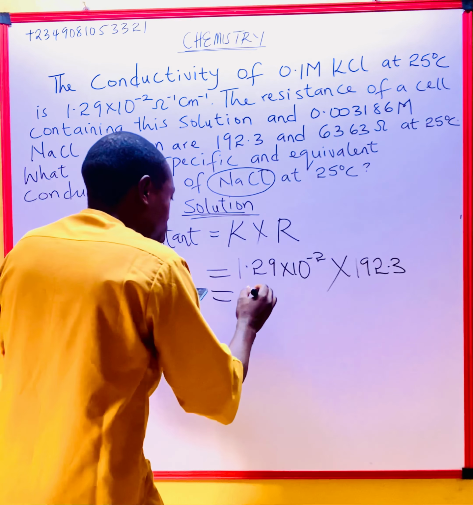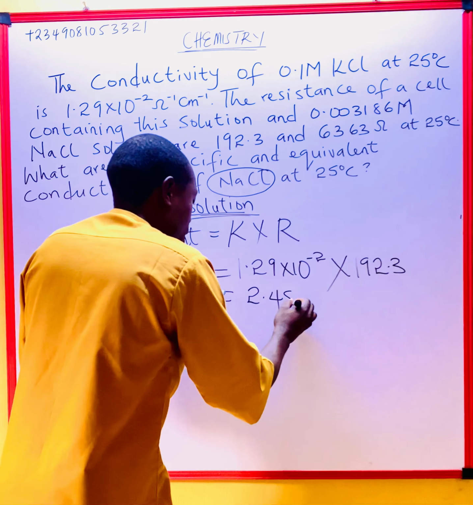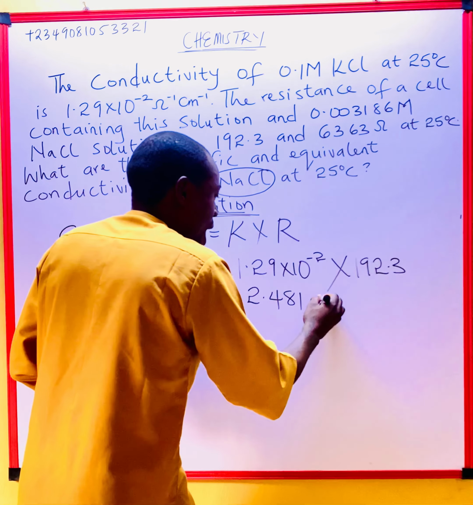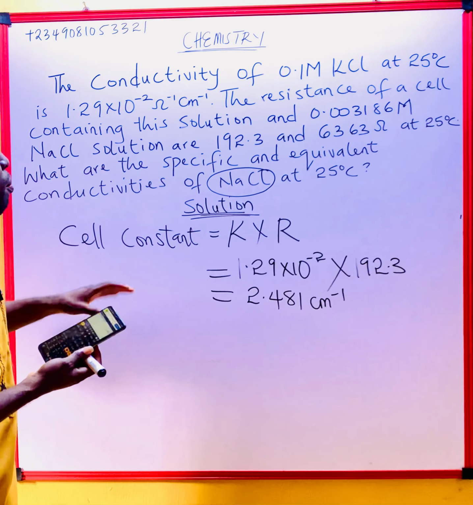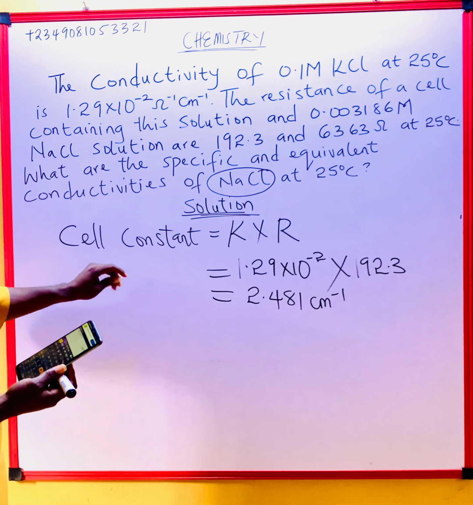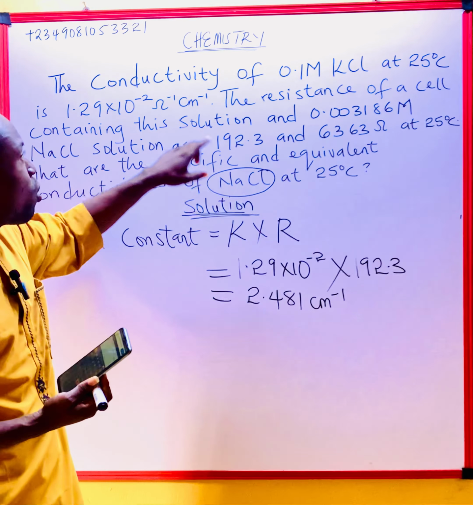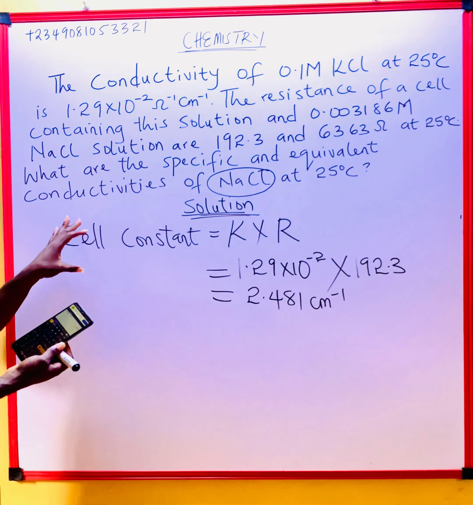So we have it to be 2.481 per centimeter. Meaning the unit here is per centimeter, the reason being that we cancel ohms and are now left with per centimeter. Now this is for the cell constant.